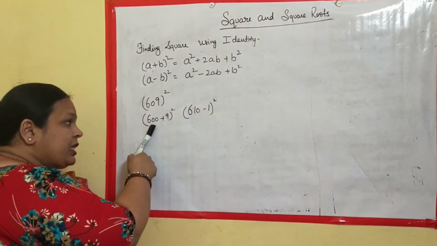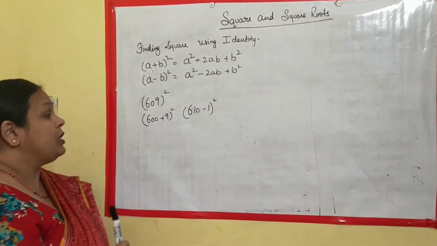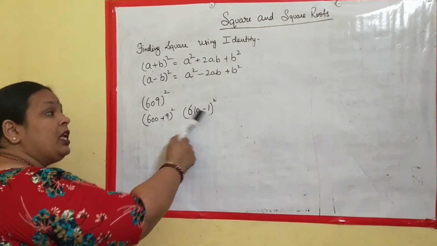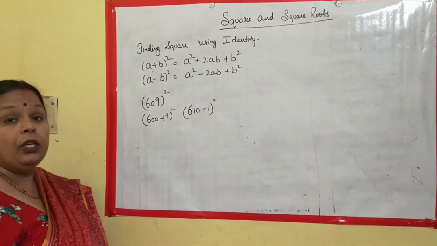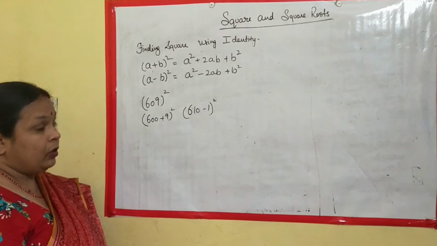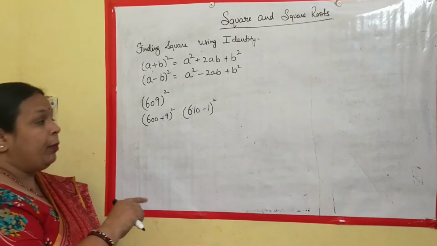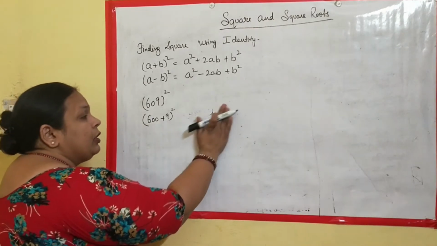But for 609, orally you can calculate the square of these numbers, whereas for 610 and for 1, you need to solve it and then do the problem. You can solve in both ways, but this will be a quicker method to solve.